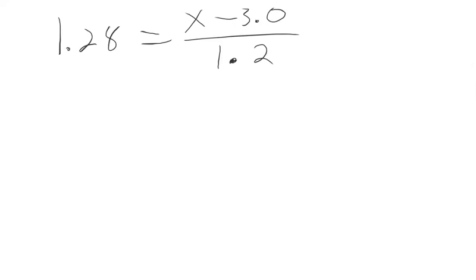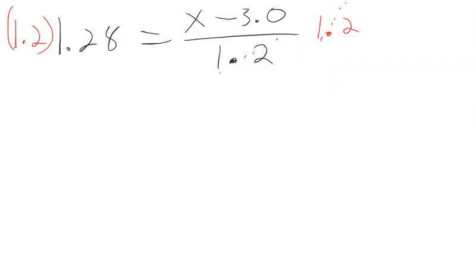To do algebra, I'm dividing by 1.2, so to get it onto the outside, you have to do the opposite. So I have to multiply this side by 1.2, because then this 1.2 and this 1.2 cancel. What I do to one side, I have to do to the other. So I have to multiply this guy by 1.2, right?